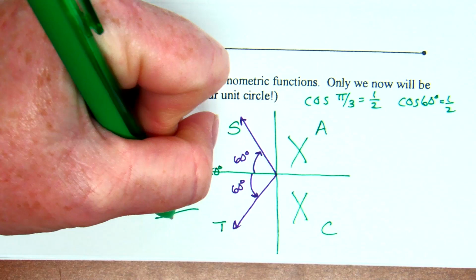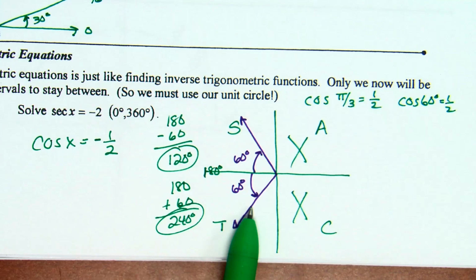Now, if you wanted to go off of the 270 mark, realize if it's 60 from the x-axis, then it's 30 from the y-axis. Okay, and this is where you just have to be familiar with the unit circle, right? Look and decide how it is best to get there. So my solutions are 120 degrees and 240 degrees.